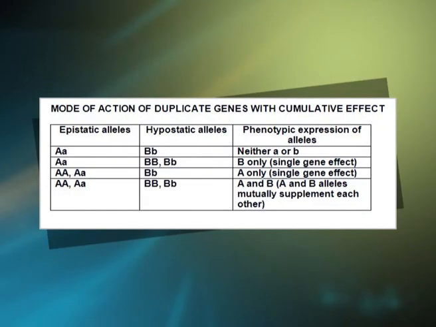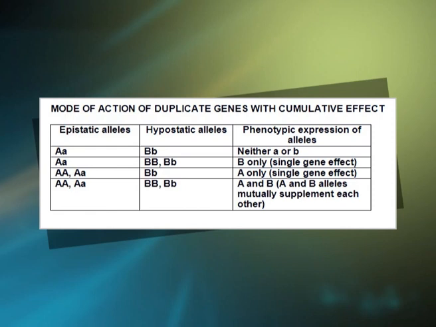as phenotypes produced by single gene dominance of the two different genes are similar. In this given table, you can see the mode of action of duplicate genes with cumulative effect. The first column represents epistatic alleles, second hypostatic alleles, and third phenotypic expression of alleles. In the first row, the epistatic alleles are capital A, small a, hypostatic alleles capital B, small b.